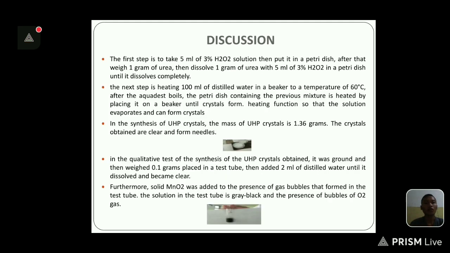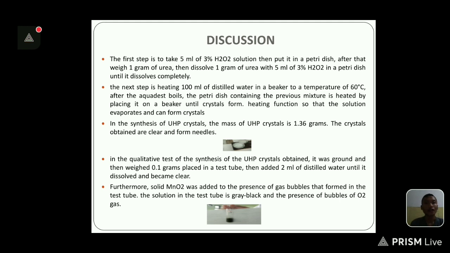As for the working discussion, the first step is to take 5 ml of 3% hydrogen peroxide solution and put it in a petri dish. After that, weigh 1 gram of urea. Then dissolve the 1 gram of urea with the 5 ml of 3% hydrogen peroxide in the petri dish until it dissolves completely.